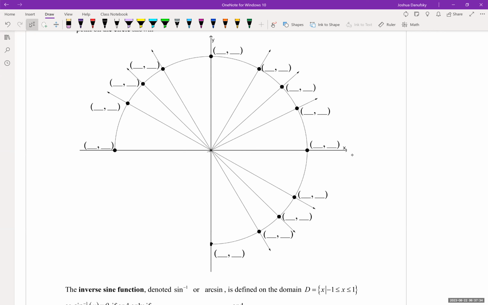So what we're going to do first is we're just going to go ahead and fill in quadrants 1 and 2. So I'm going to start with degrees and radians going around.